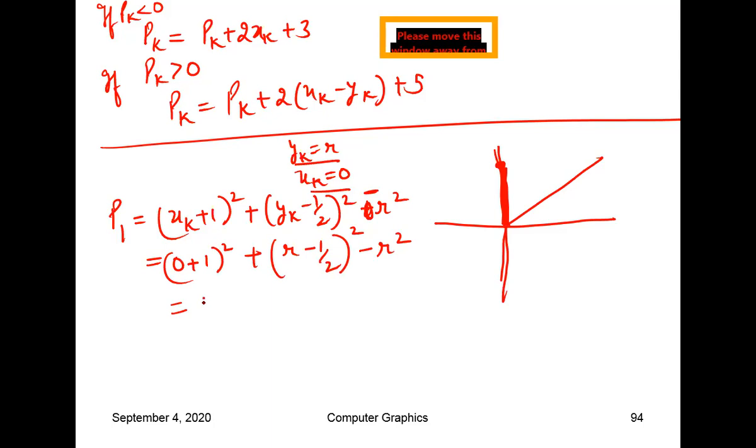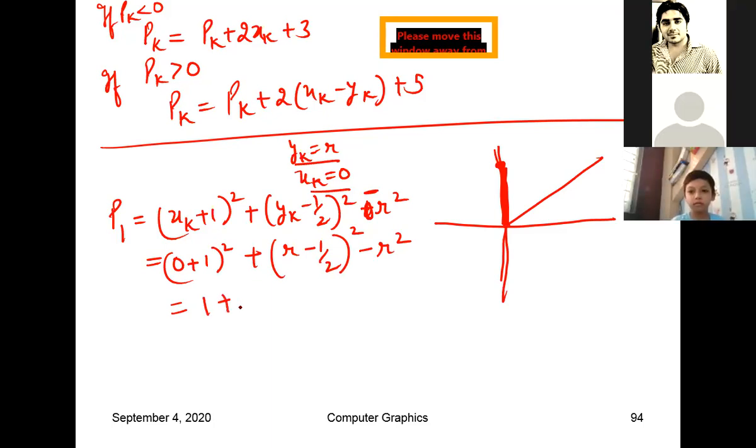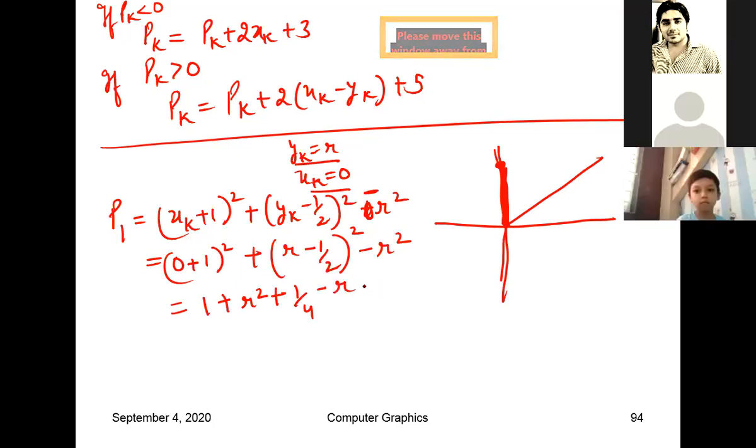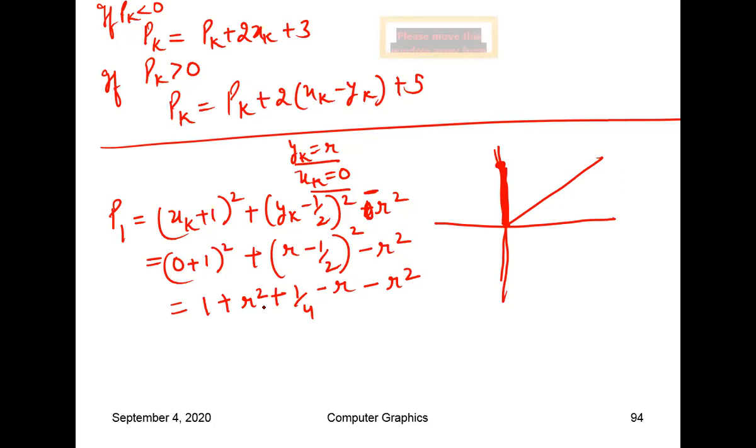So this will be equal to 1 plus r square plus 1 by 4, minus 2 into r into 1 by 2, minus r square. So r square and r square cancel, and 1 plus 1 by 4 becomes 5 by 4 minus r.